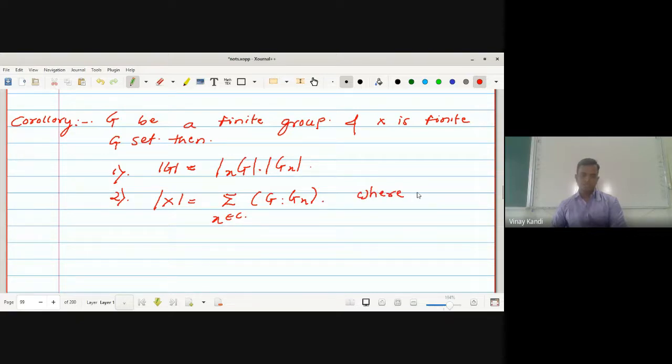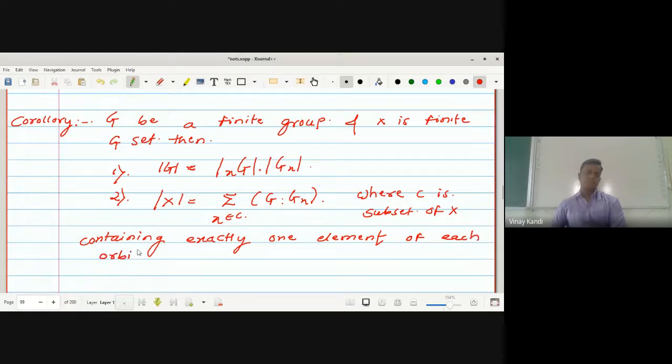C is a subset of X containing exactly one element of each orbit of X in G. The first statement we have to prove, and then the second, the summation.